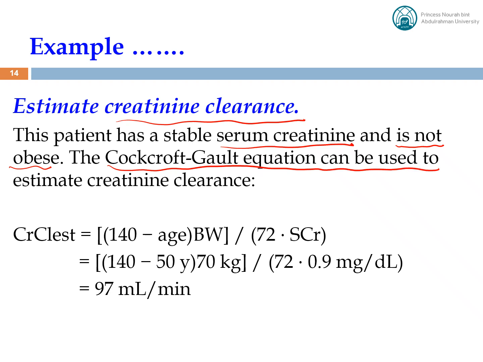Depending on the Cockcroft-Gault equation, the creatinine clearance will equal 140 minus the age, which is 50 years, multiplied by body weight, which is 70, divided by 72 multiplied by the serum creatinine value, which is 0.9 milligram per deciliter.